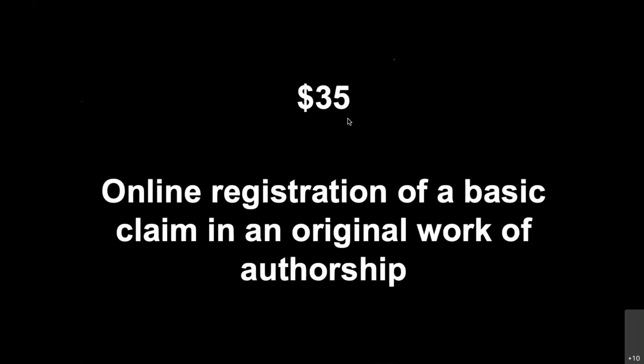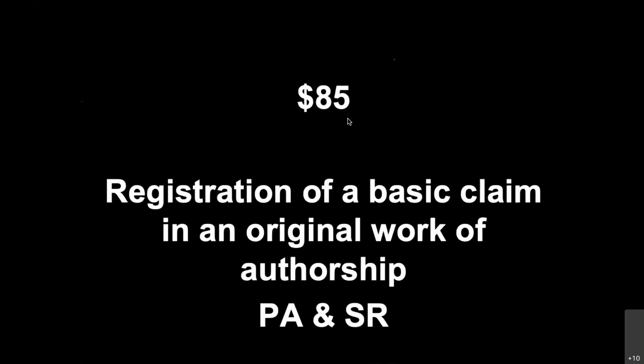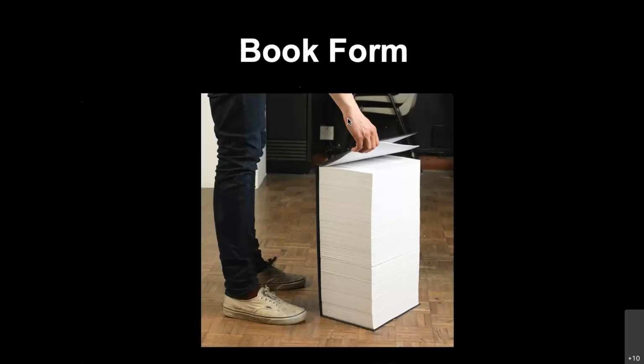It's $35 to online register the basic claim of an original work of authorship. That's per song. It's $55 for non-basic claim. That means there's two people filing, or it's a partnership of the song, co-writers, in other words. And it's $85 if you're going to send in a PA form or an SR form. And this is per copyright.